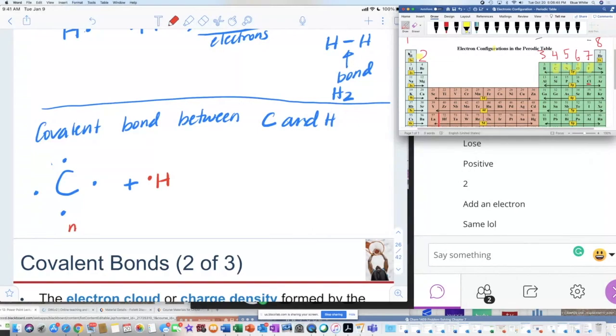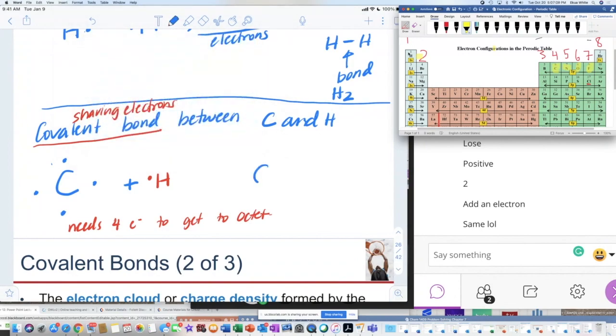Carbon needs 4 electrons to get to octet, right? So in this case here, the goal is covalent bond, and we achieve covalent bond by sharing electrons. We have to remember that. So how do they share?